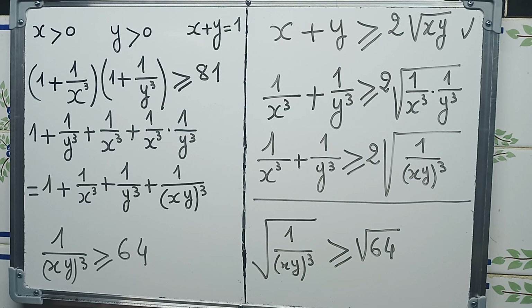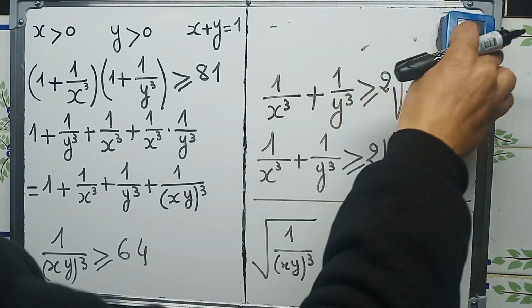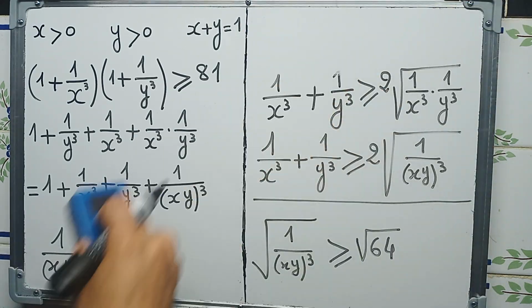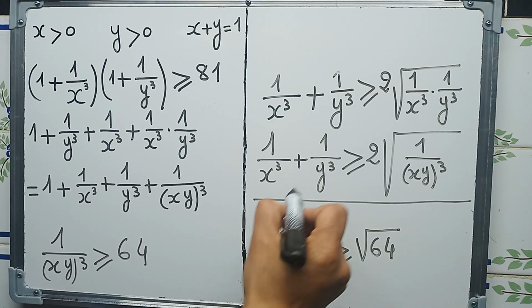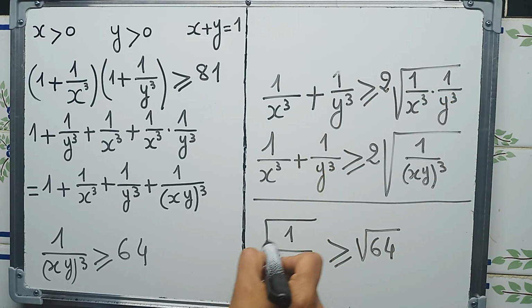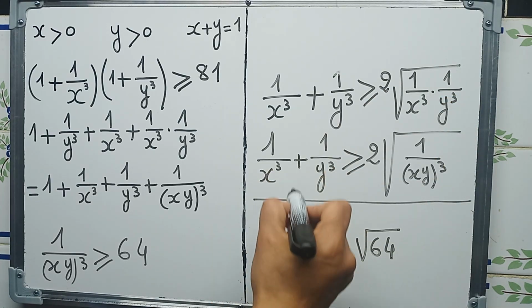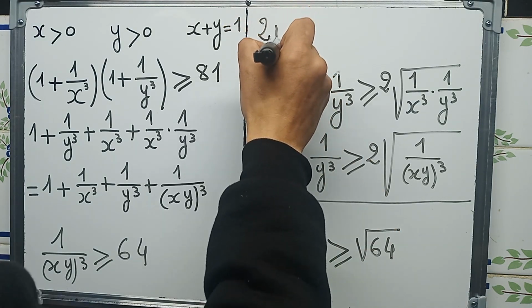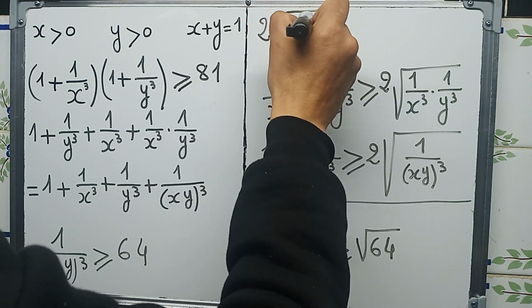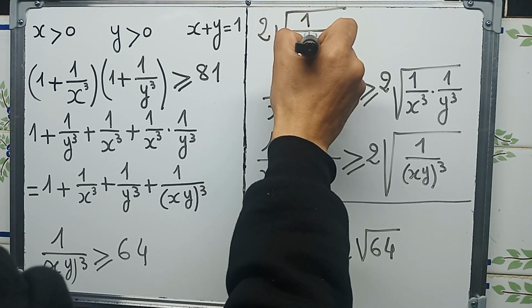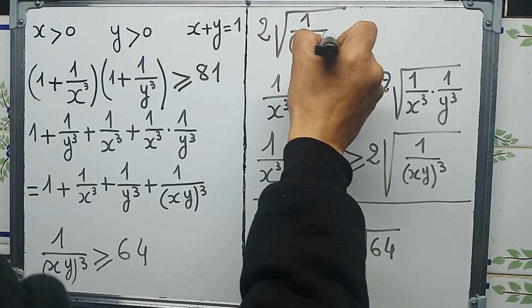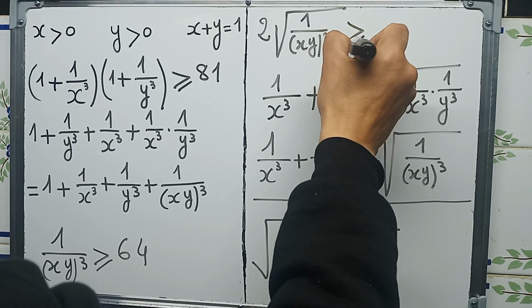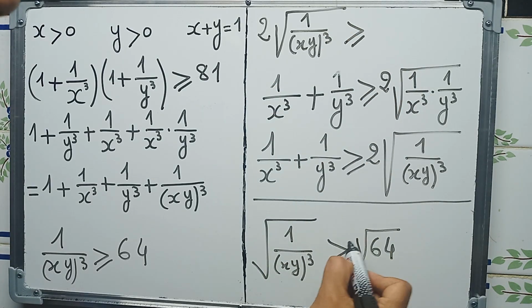Now I continue here, multiplying the two terms by 2. I will have 2 square root of 1 over (xy) cubed is greater than or equal to, and now calculate with me, 2 times square root of 64.